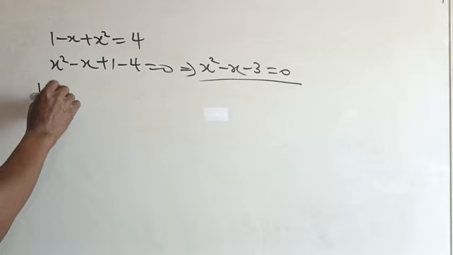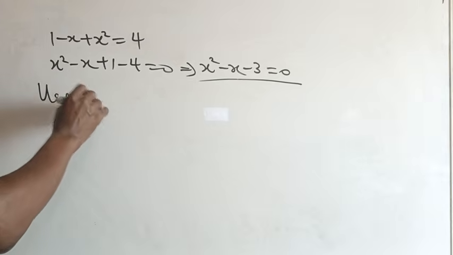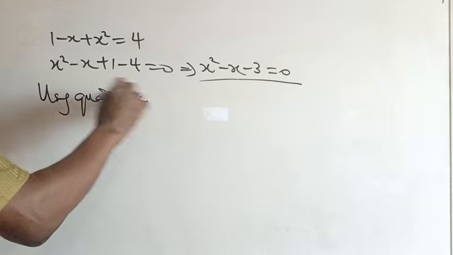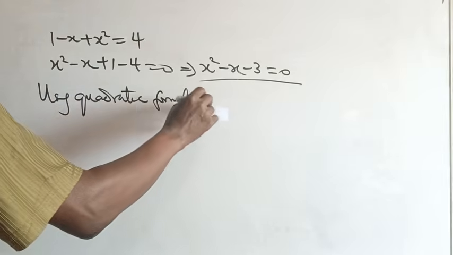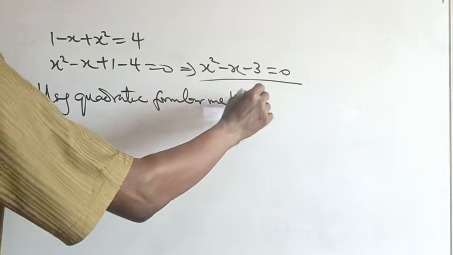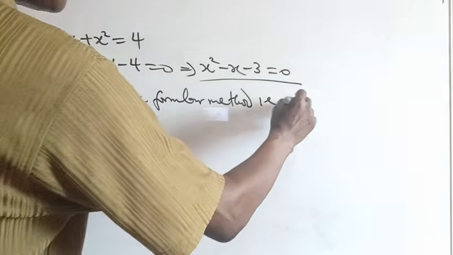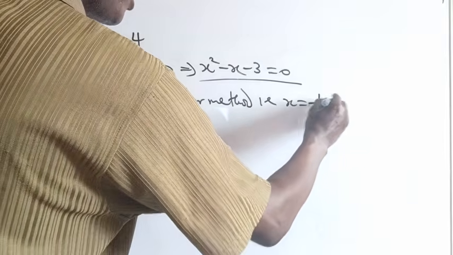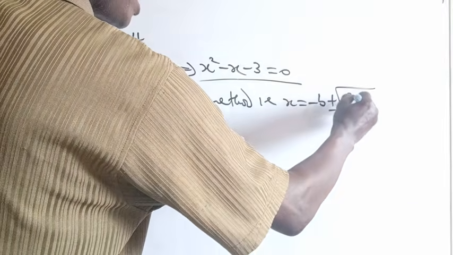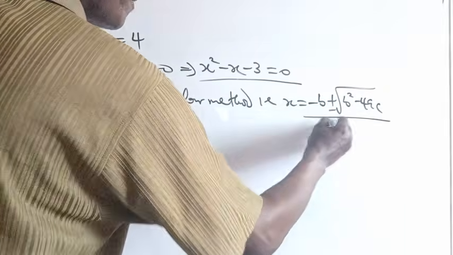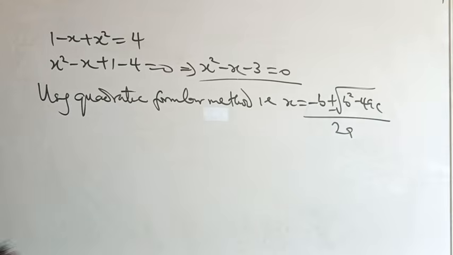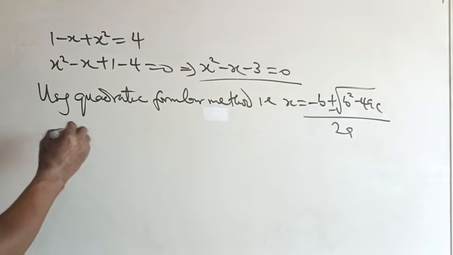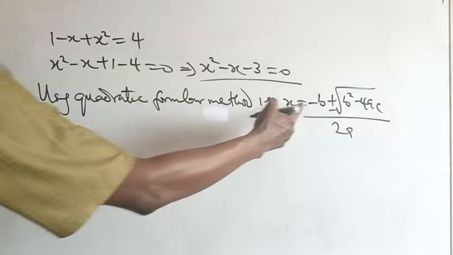Now, using the quadratic formula method, that is x is equal to minus b plus or minus the square root of b squared minus 4ac, all over 2a. So now we have x equal to minus b.